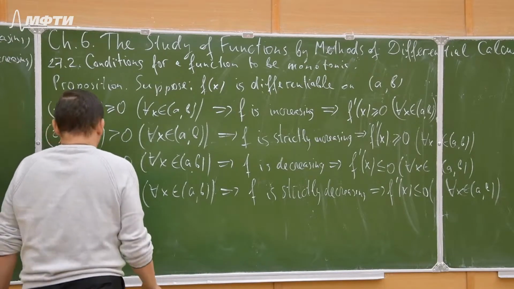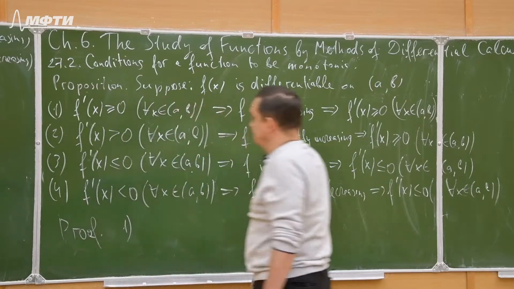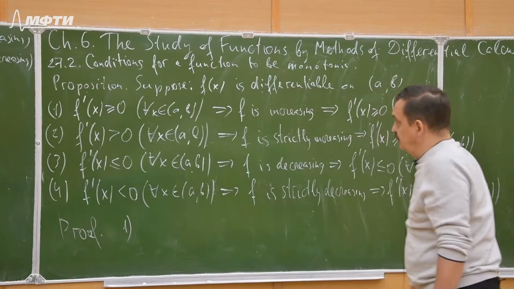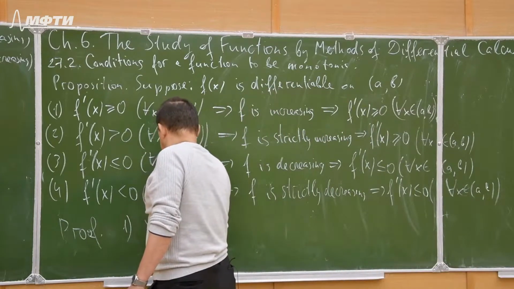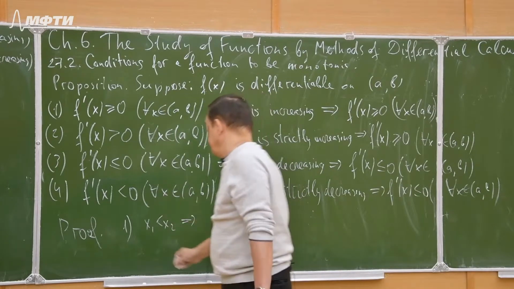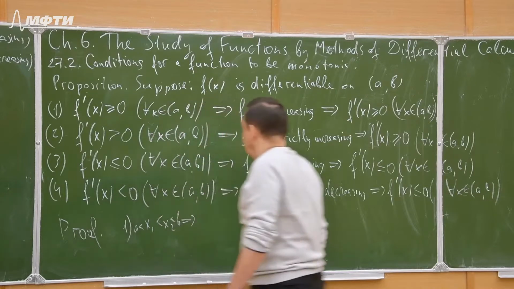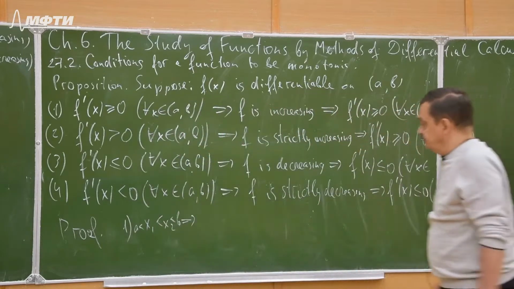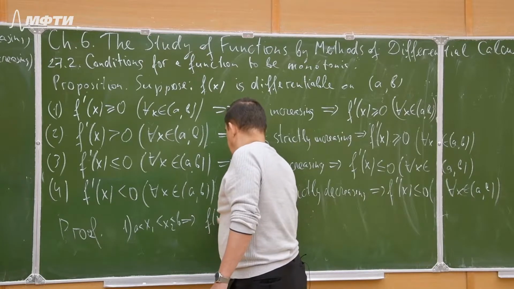are very similar for all those. So let's do the very first. So take x1 less than x2, both of course in (a, b). Then we use the Lagrange mean value theorem.